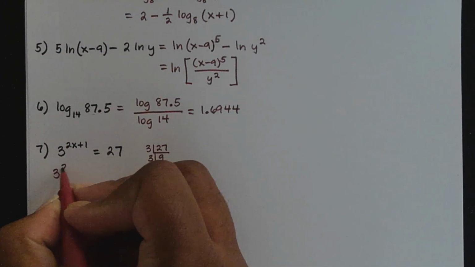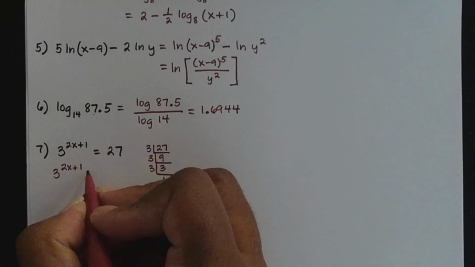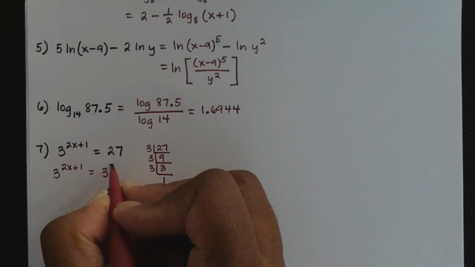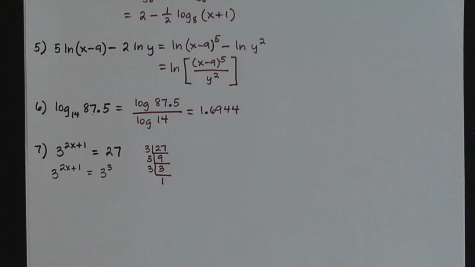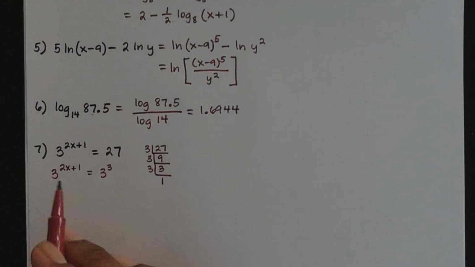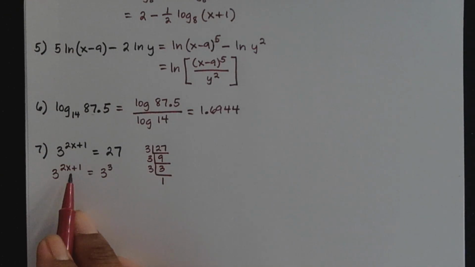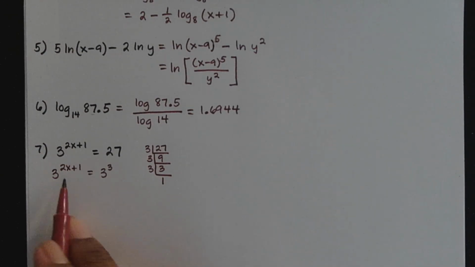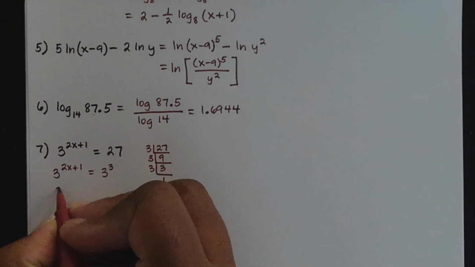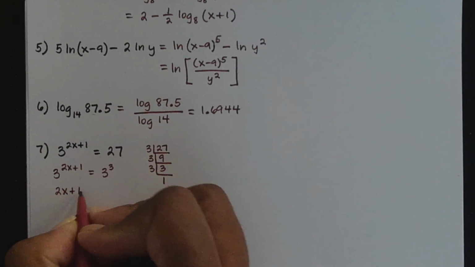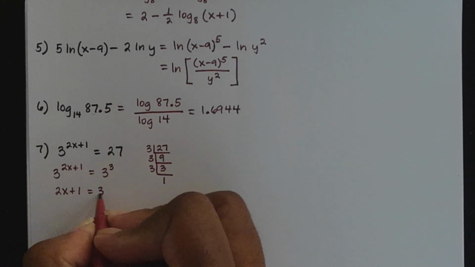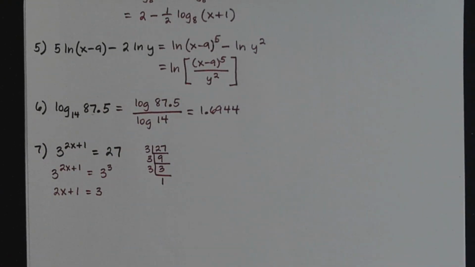So I'll have 3 to the 2x plus 1 is equal to 3 to the 3rd power. Now my bases are the same. I can set this exponent to be equal to that exponent. So I can set 2x plus 1 to be equal to 3.